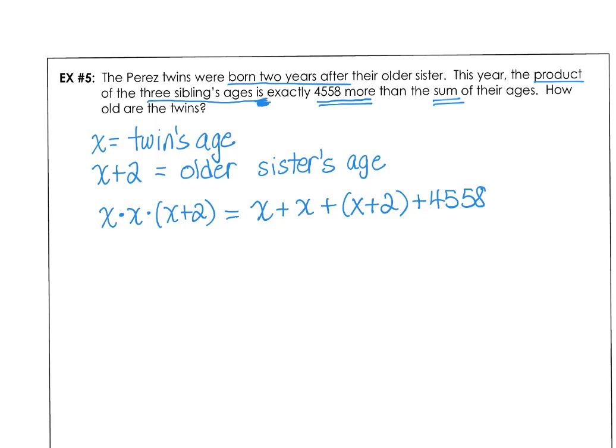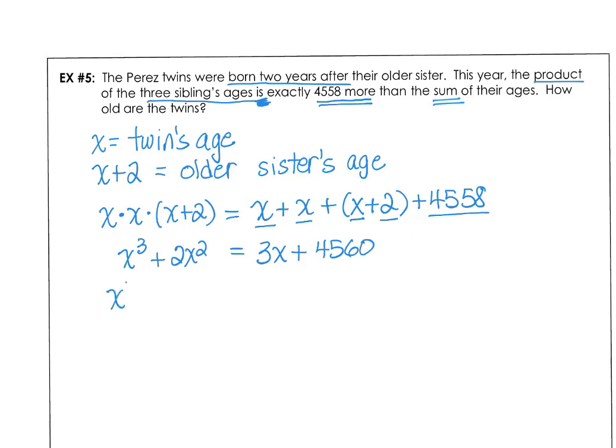So we have x times x times x, that's x cubed, and x times 2, that's 2x squared. And adding up x and x and x and 2 and 4558 looks like 3x plus 4560.